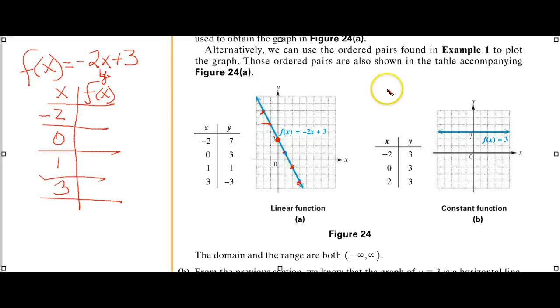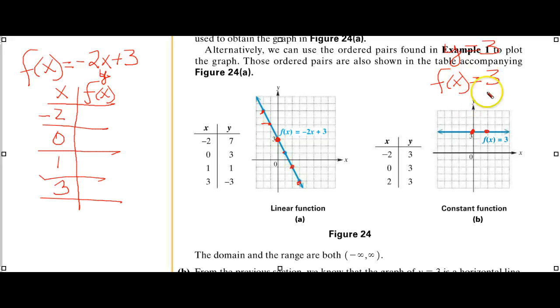Now the special case for this one, where it's f of x equals 3, or y equals 3, we said this was a horizontal line. So you put a dot on 3, and then a dot anywhere else, and your horizontal line forms.